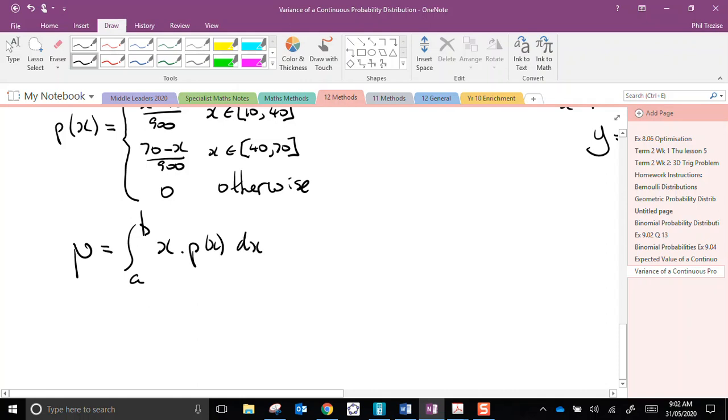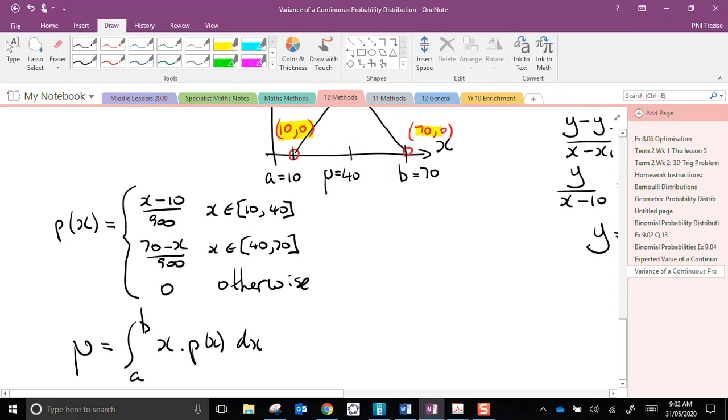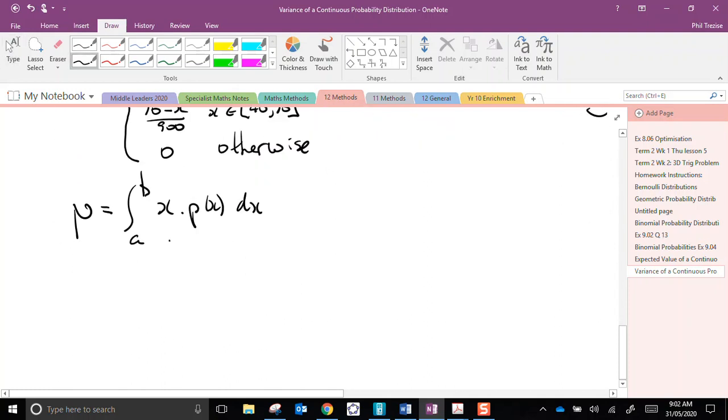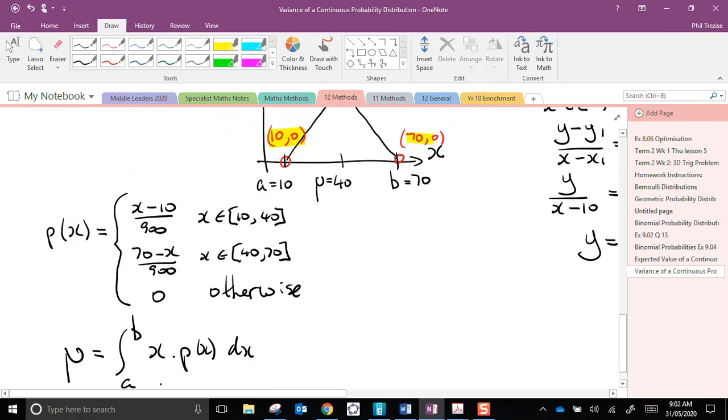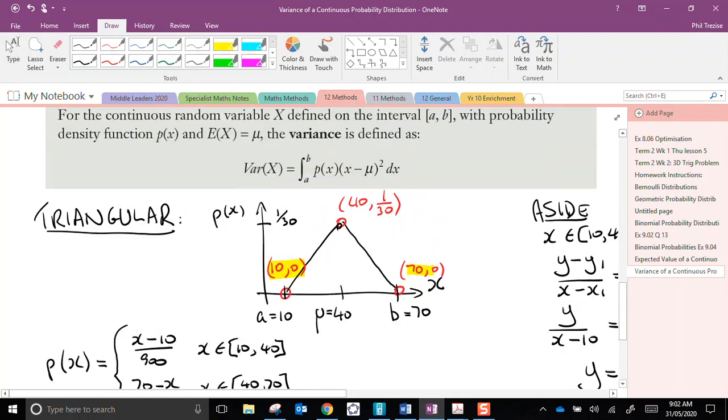Of course, in our case, that's going to be two integrations because we have a piecewise function. We'll integrate the first one from 10 to 40, the next one from 40 to 70. And if we did that, just like we did last time, we would determine that the mean was 40. That's not the main focus of this lesson. The main focus is variance.